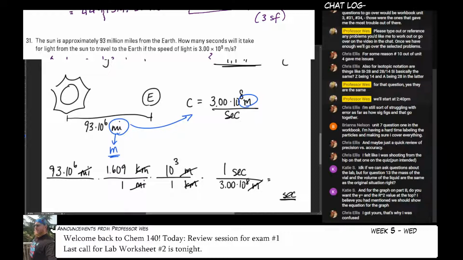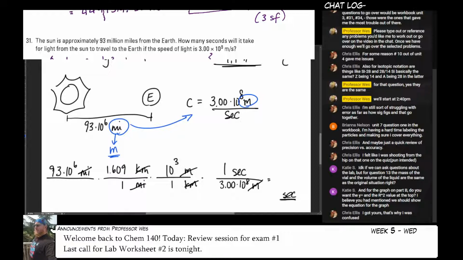So I can just turn meters into seconds directly. And now I can just times it all together. So 93 times 10 to the 6. That's not proper scientific notation, but nobody's going to care. It's not like this is online for the world to see or anything, right? I should probably write 9.3 times 10 to the 7, but it all goes in your calculator the same anyway.